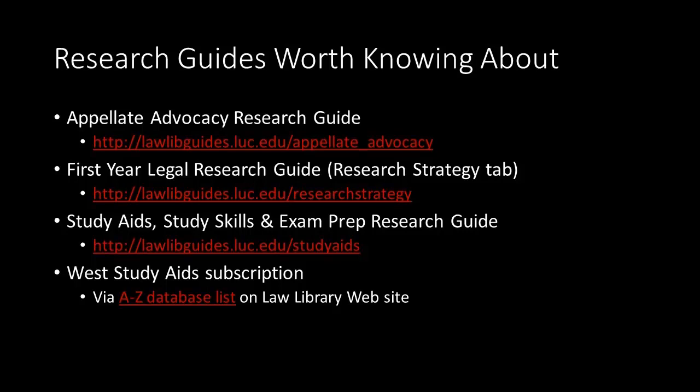So that's a nice helpful resource to use, not just in your appellate advocacy class, but in whatever research projects you're doing. It's a good place to go back and refer to.